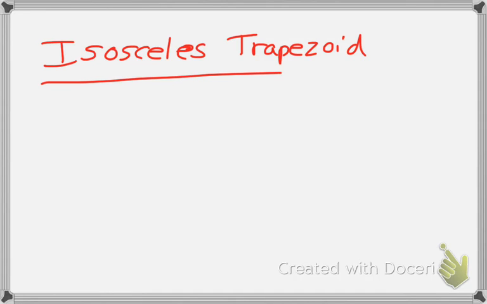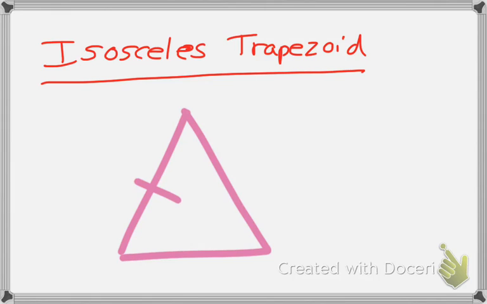So in an isosceles trapezoid, if you guys remember, an isosceles triangle was a triangle, don't put this in your notes, just watch, that had two congruent legs. Well, if I chopped off the top of that triangle and connected it, now I just created an isosceles trapezoid.